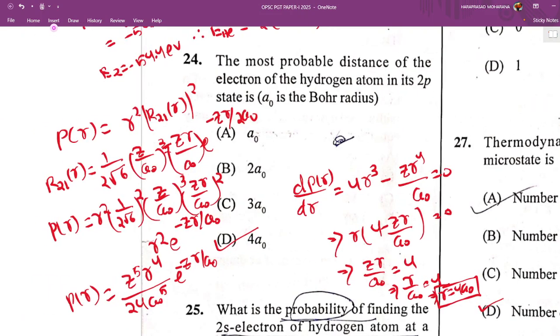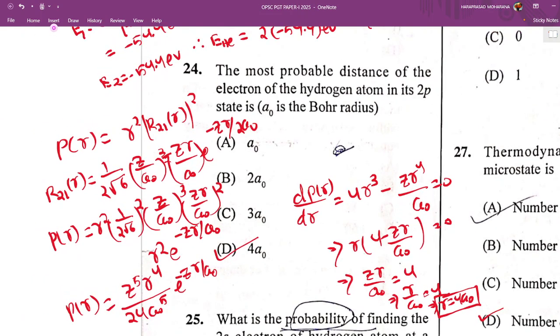For a 2p state, the radial wave function R21(r) will be 1 by 2 root 6, (Z by a naught) whole to the power 3 by 2, times (Z r by a naught) times e to the power minus Z r by 2a naught.